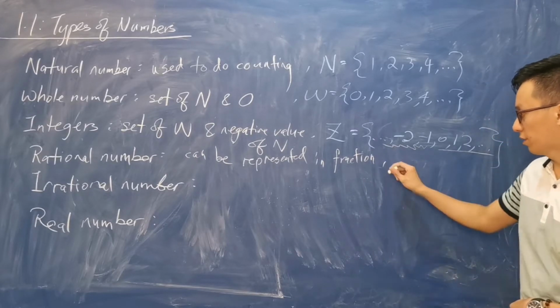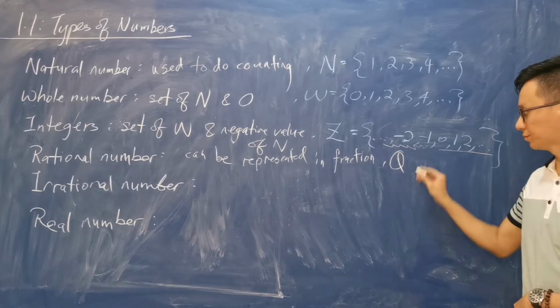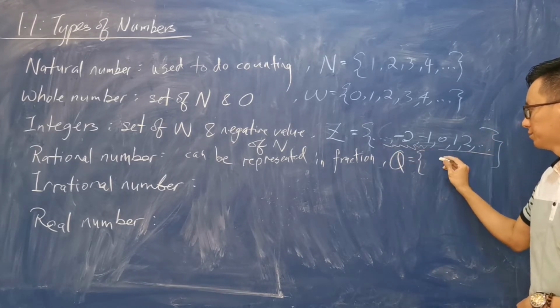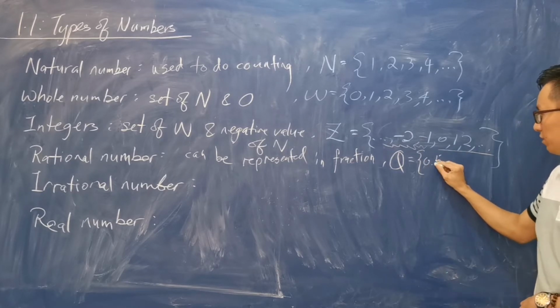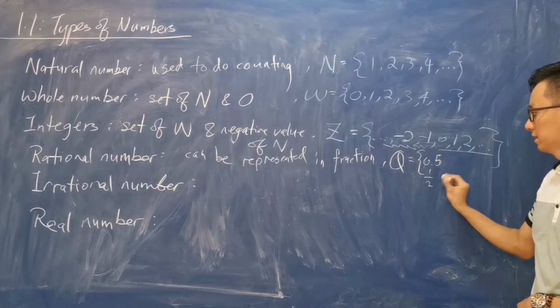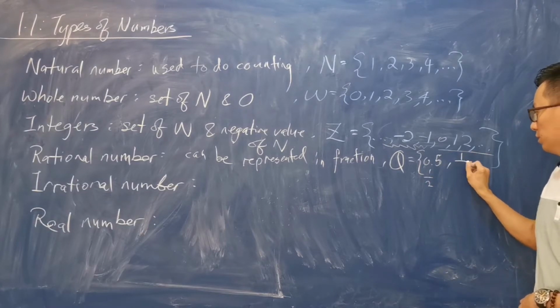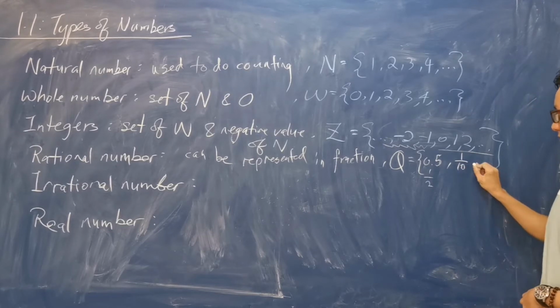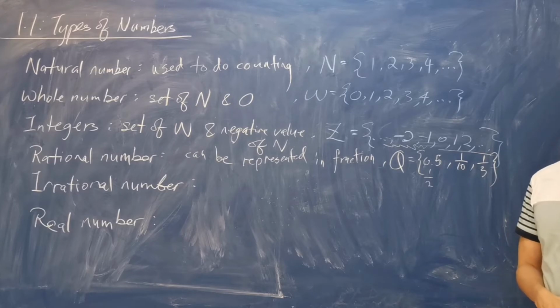Usually, for rational number we use the symbol Q. For example, 0.5, because 0.5 we can write as 1 over 2. We have 1 over 10, 1 over 3.